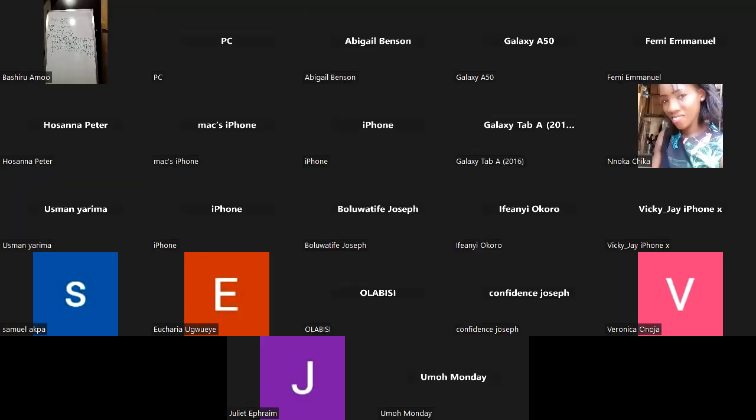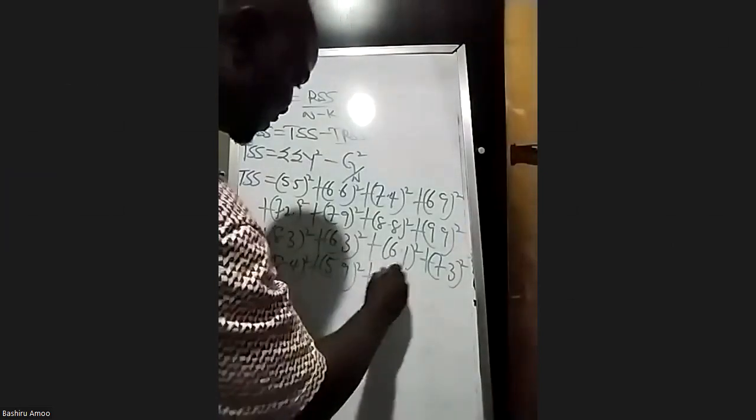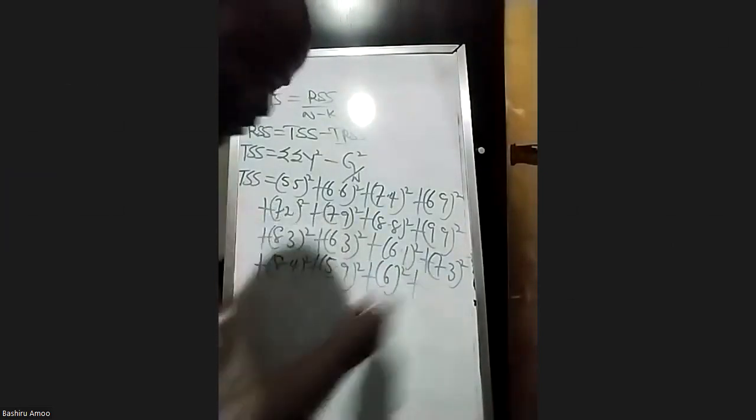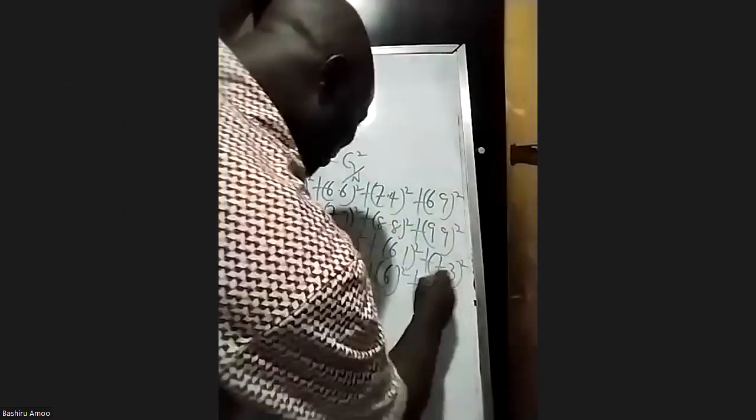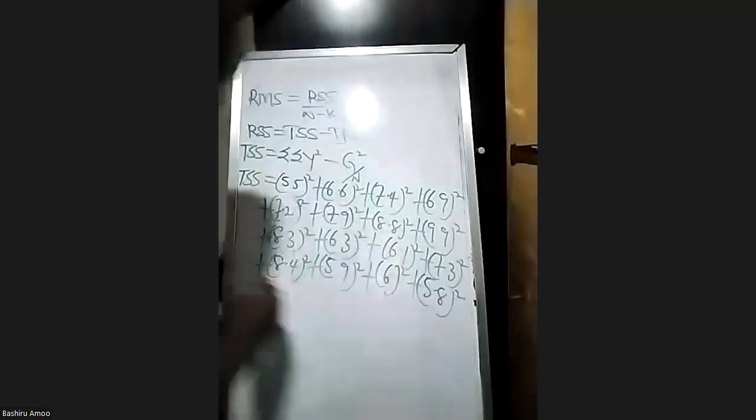plus 8.4 square, 5.9 square, then 6 square. The last one, 5.8 square.